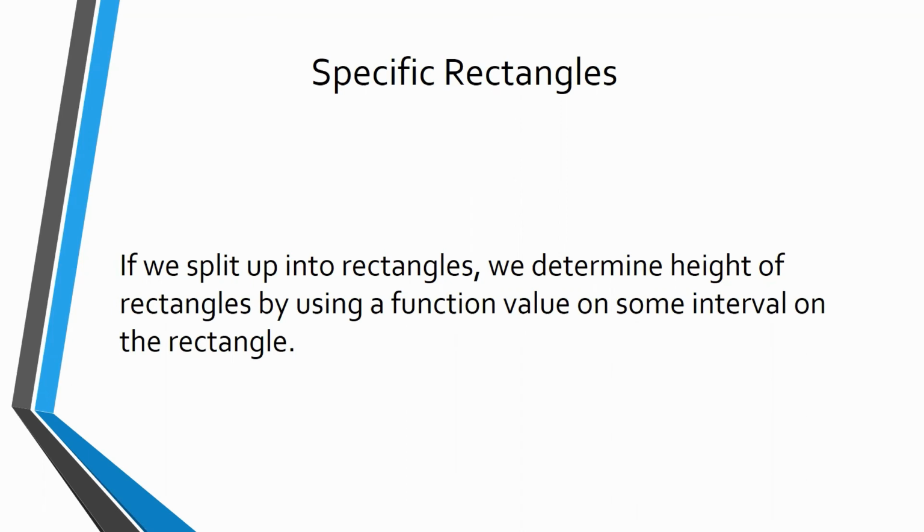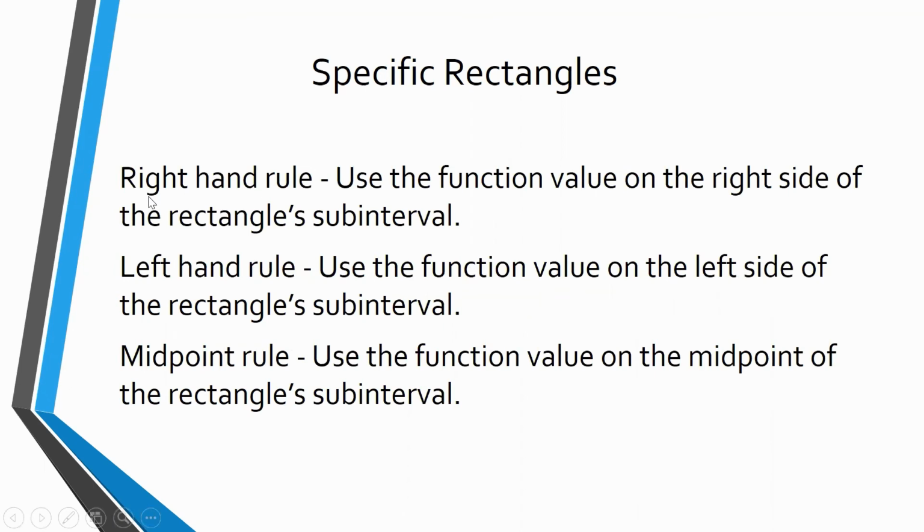That was a very specific choice. I want you to realize that we could have made other choices. Specifically, what we did is we used what's called the right-hand rule. When I look at the subinterval, if I use the function value on the right side of the subinterval, then what I've done is use the right-hand rule to calculate the areas of those rectangles.